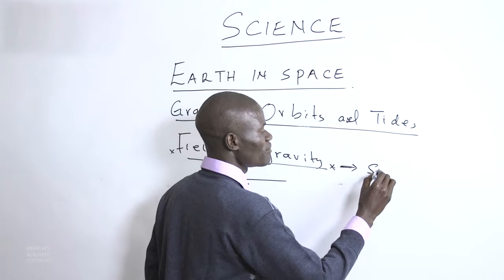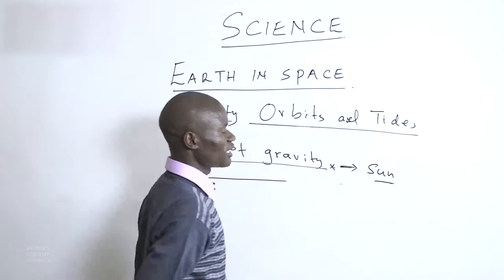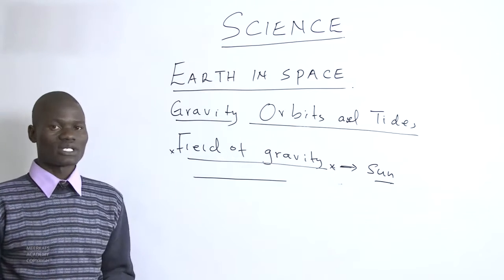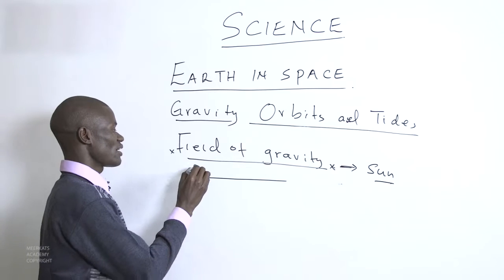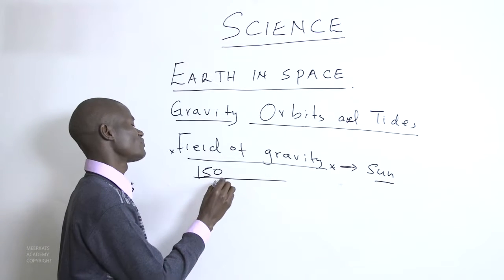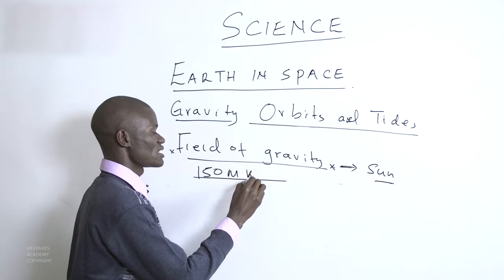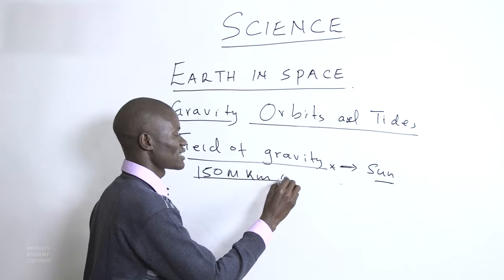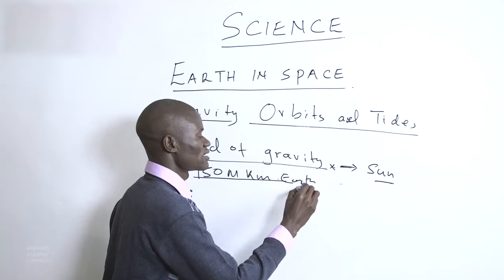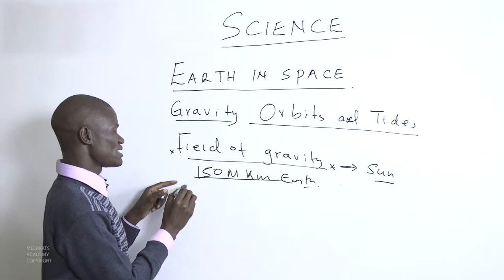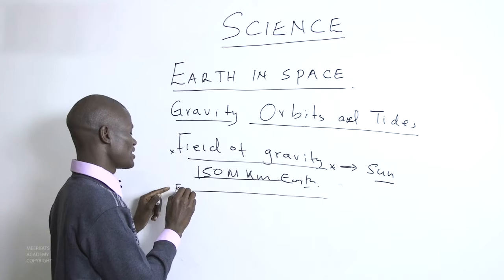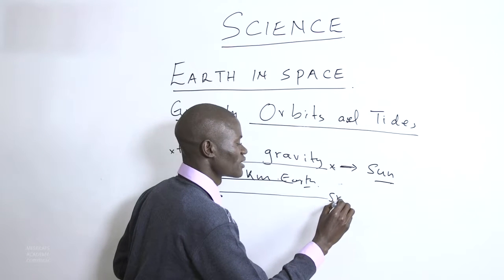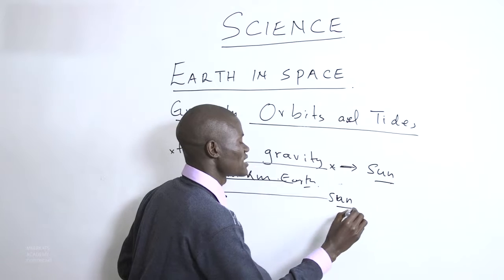It comes from the main object in the solar system that is called the Sun. The Sun is around 150 million kilometers away from planet Earth. That is the distance that we know.